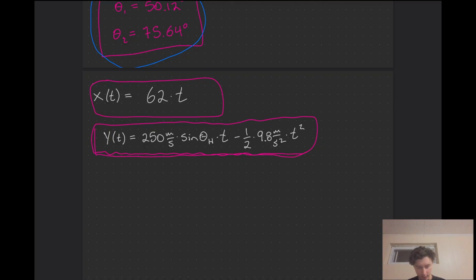And the units here are, I guess, important. We have meters per second times t. I'm going to do the same thing over here. So we have a sine of 75.64. We're going to multiply that by 250, and we get 242.2.